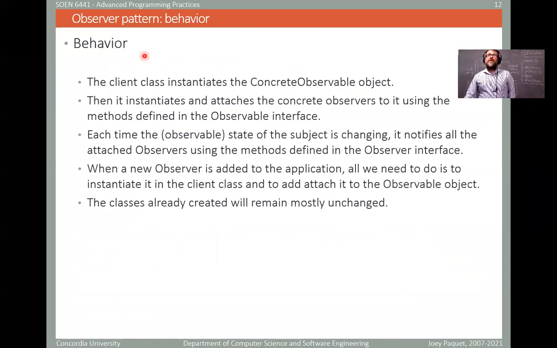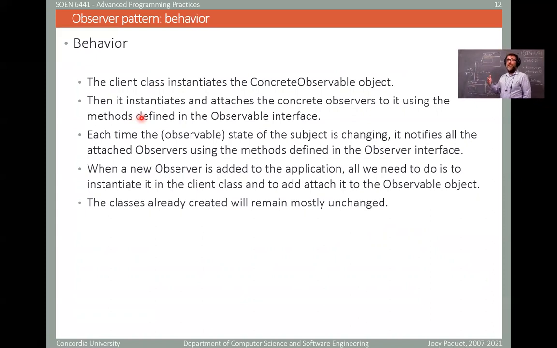So how does this work? What's the behavior of this whole thing? First of all, the client, which is the application that is using this subject and observer, will instantiate the concrete observable object, your model object. Just as I described before, the first step is that this model object, in this case a concrete observable, is going to be created. Okay. Then it's going to register or attach this observer object after it has been created.